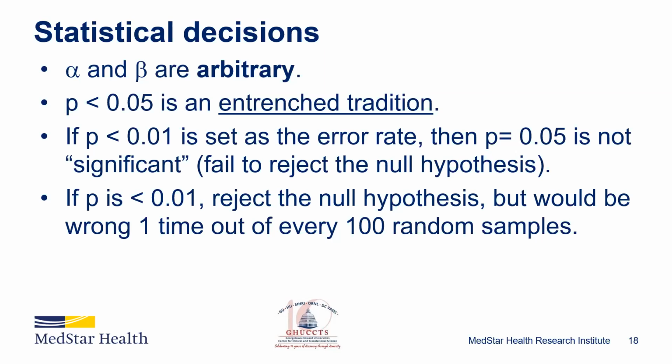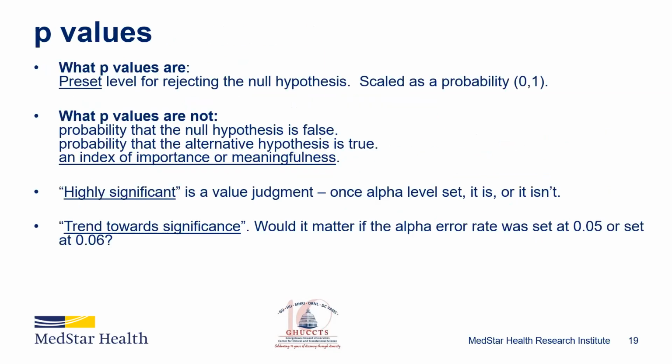So this is one of the main points that I want to make, that the alpha and beta rates are arbitrary, particularly the alpha error rate. The 0.05 is not a magical number, although it's kind of become a magical number in medical research.